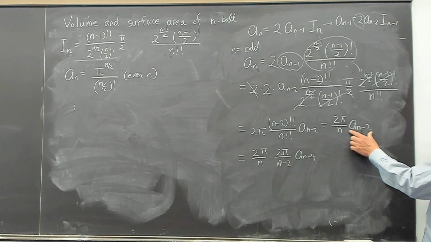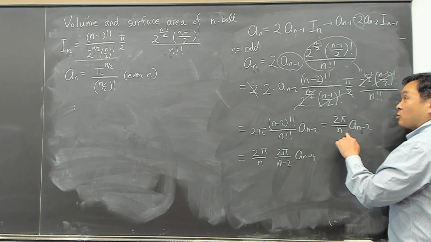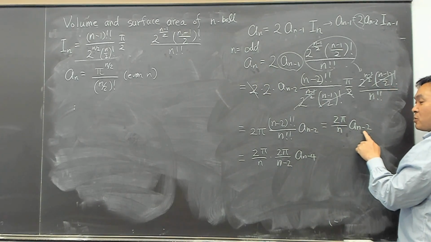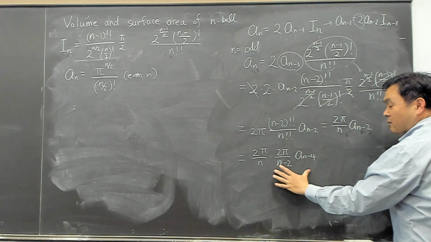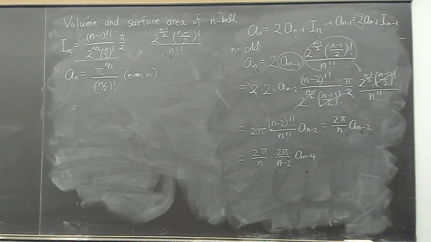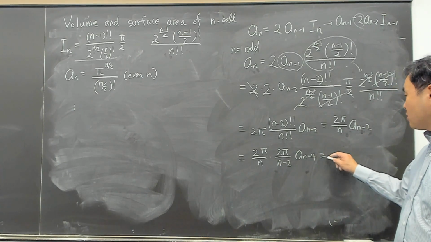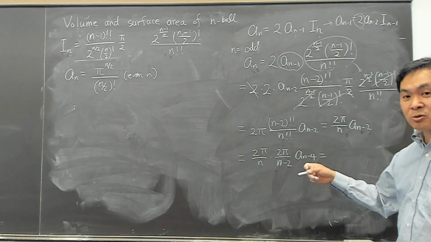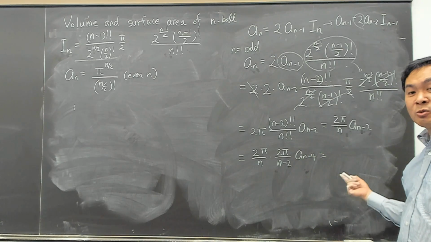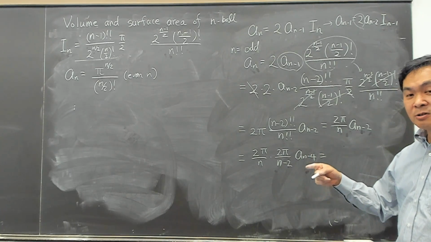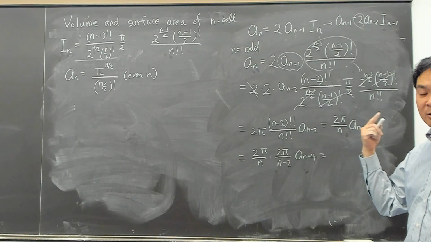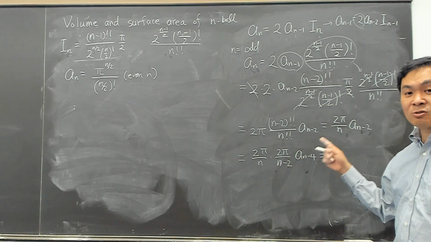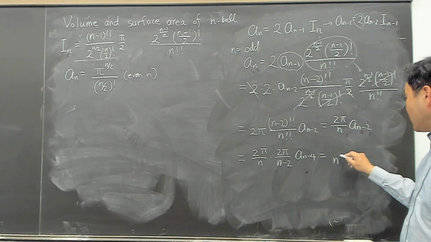Because if I take this recursion and replace n by n minus 2, this will be n minus 2 and this will be n minus 4, so this is going to be replaced by this one. And you keep going, and you see a pattern here. You have an odd number and you drop by 2, and eventually it's going to reach 1, right? If you start from any odd number and you start subtracting 2's, eventually it's going to reach 1, so it's n times n minus 2 until 1, so it will be n double factorial.